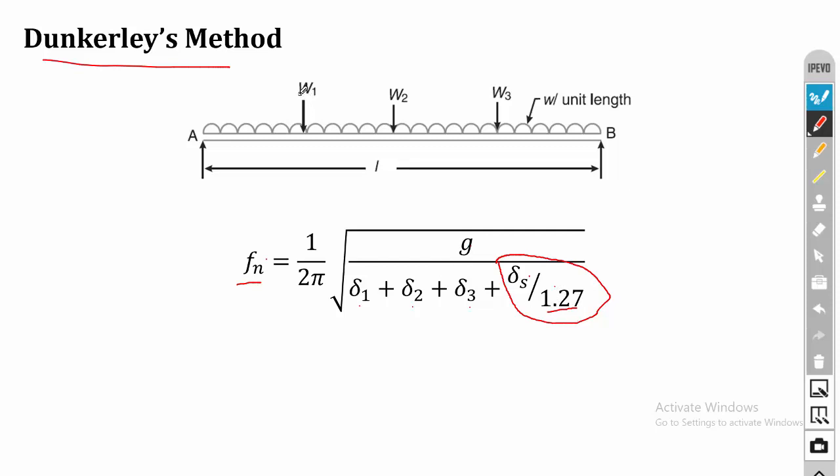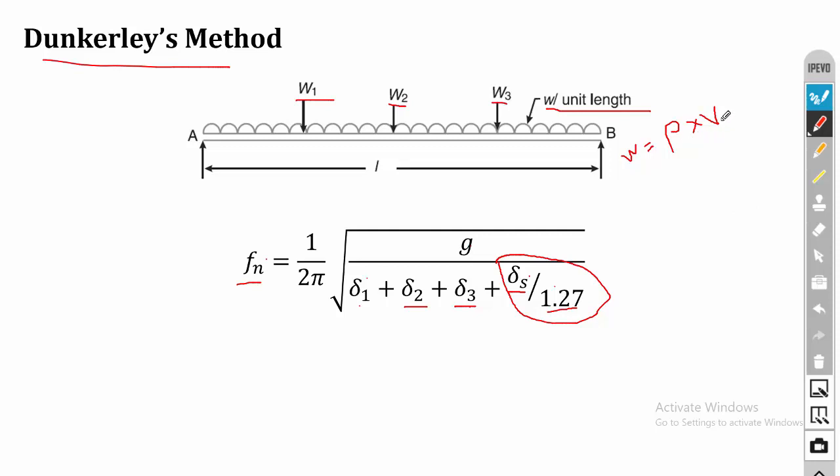Here del 1 is the deflection because of the load W1, del 2 is the deflection because of W2, del 3 is the deflection because of W3, and this del S is because of the weight of the shaft. The weight of the shaft is considered as uniformly distributed load. Most of the cases they will specify the mass density rho. If the mass density is given, then you can calculate the weight: mass is equal to mass density into volume.